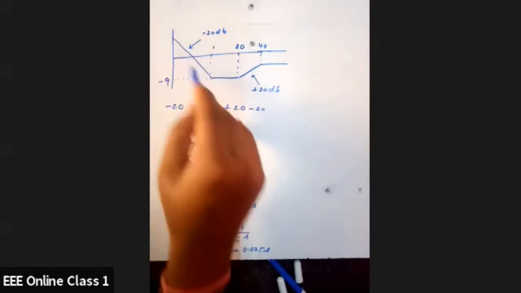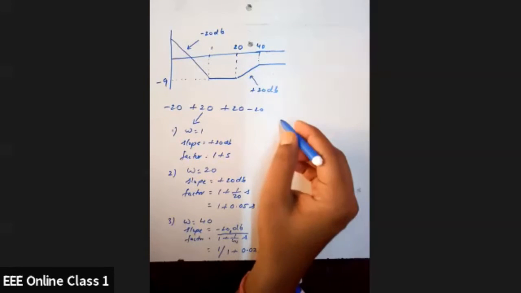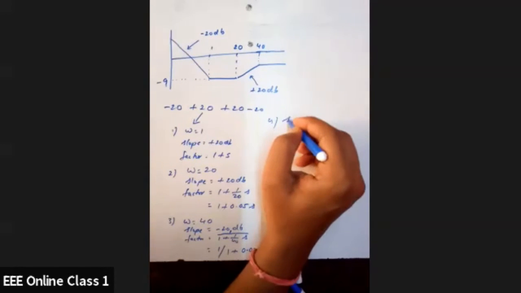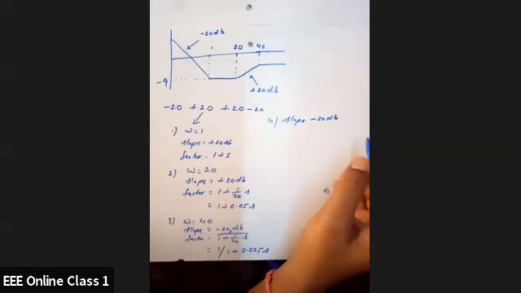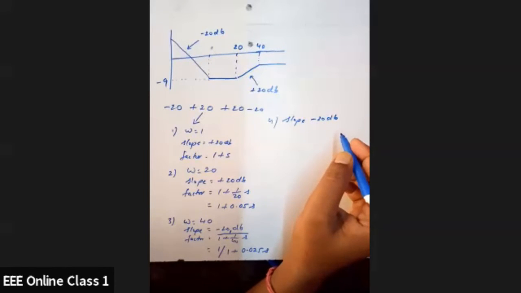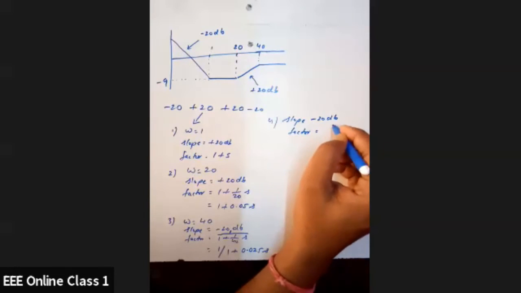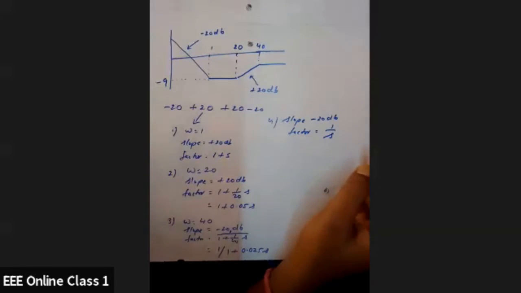Now the first line indicates a slope of minus 20 dB. So there is a factor 1 by s.